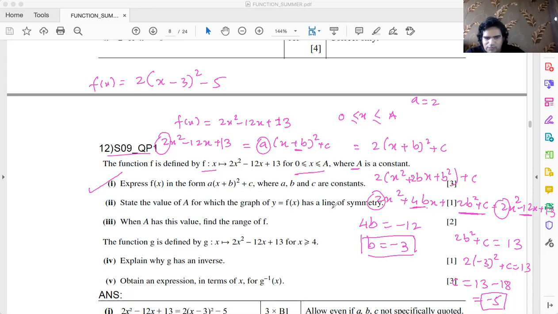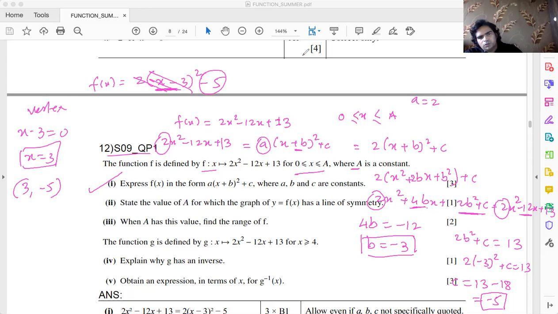So let us first find the vertex. The vertex is found by equating this bracket to 0, so x minus 3 is 0, which gives x is 3. Since this part becomes 0, the y coordinate of the vertex is negative 5. So the vertex is at 3 comma negative 5.